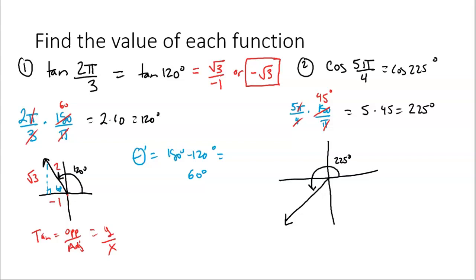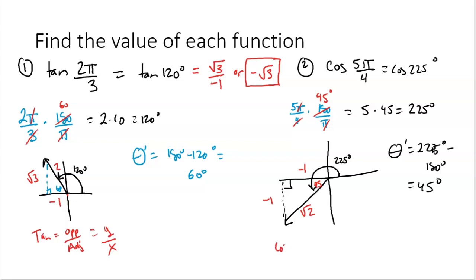The next thing I know is my reference angle can be found by saying 225 minus 180. So my reference angle is 45 degrees. So I get to create my right triangle, and I'm going to put a little 45 right there. My x and my y this time are negative, so I'll call them negative 1. And then my hypotenuse is still always positive. So this time I want cosine.